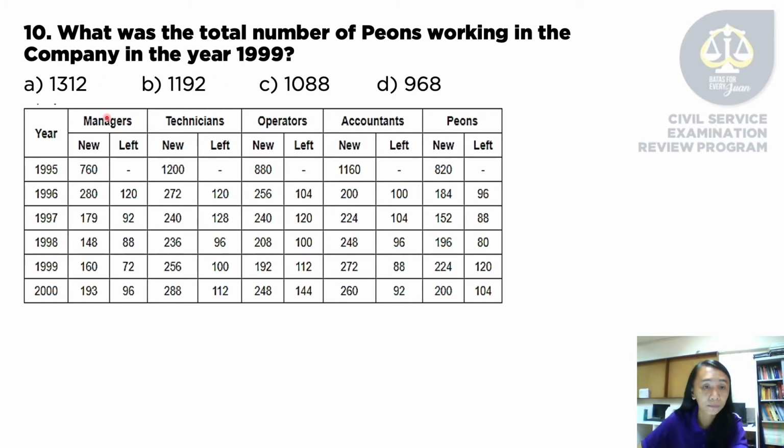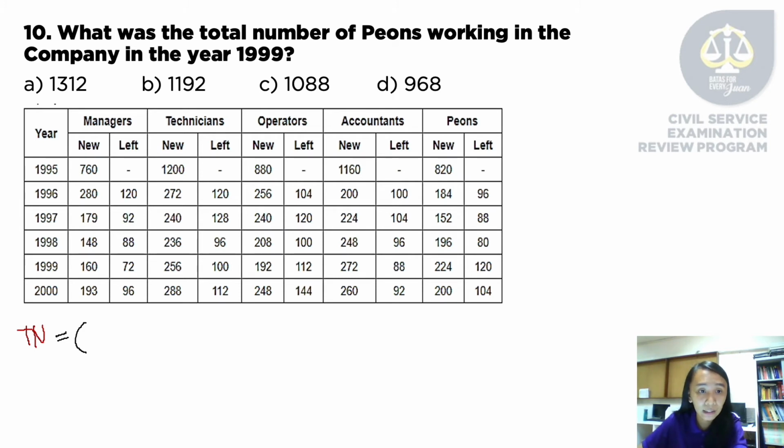Okay, so let's compute. So this is the total number. Okay, the total number po ay makukuha natin is equal to, okay, we get the sum of the total number of employees na dumating.